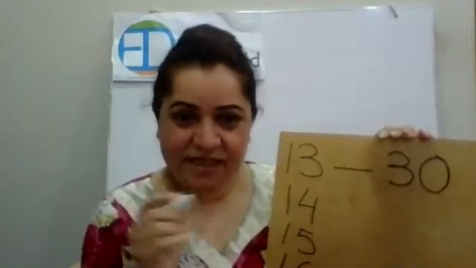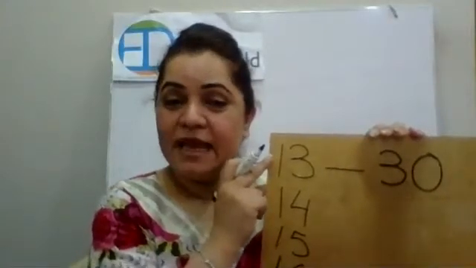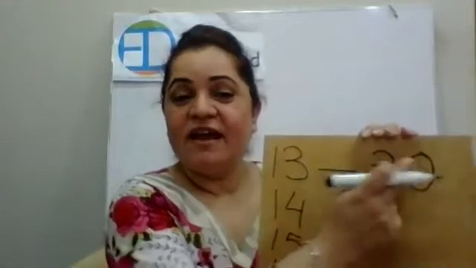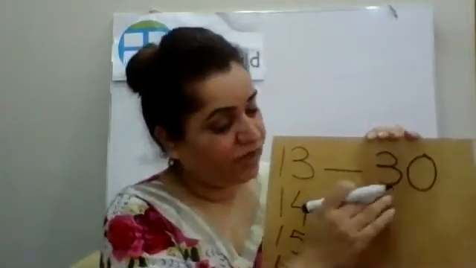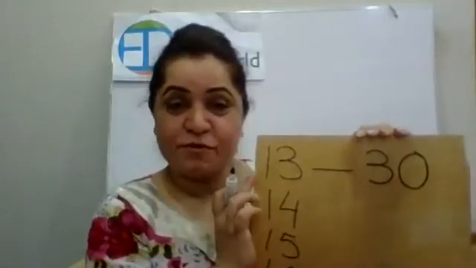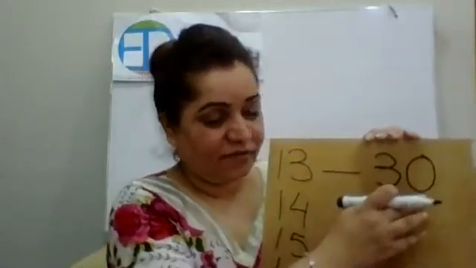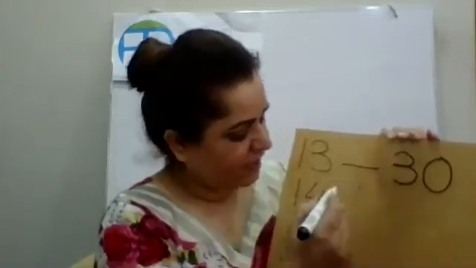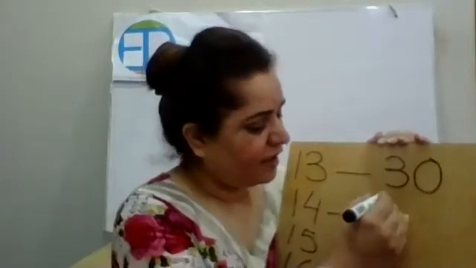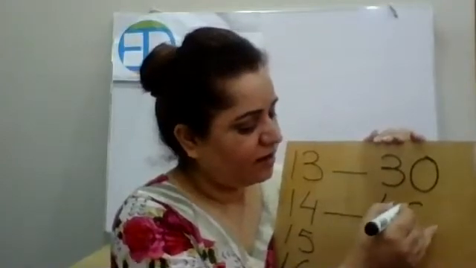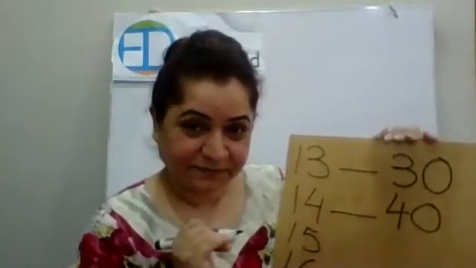So we have removed 1 and written 0 next to 3, after 3. 1 was before 3 and 0 we have written after 3. In the same way, we're going to remove 1 from here and write 4, 0.